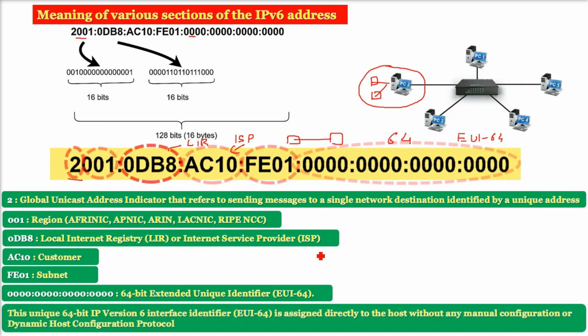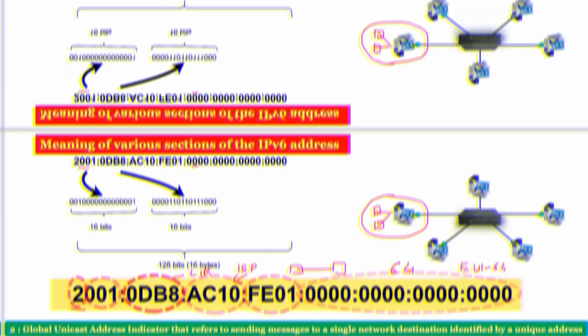The EUI-64, which is a 64-bit IP version 6 interface identifier, is assigned directly to the host, that is your computer, without any manual configuration or even DHCP. You don't have to do DHCP or manual configuration. It is assigned like that. So this is the final part, which is called EUI-64. That is how you can remember.